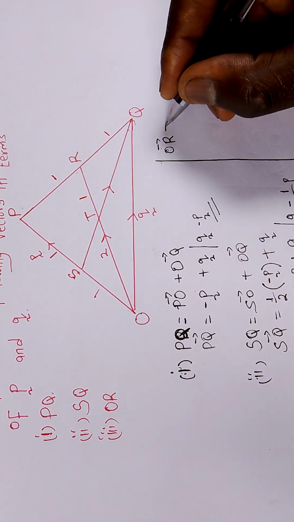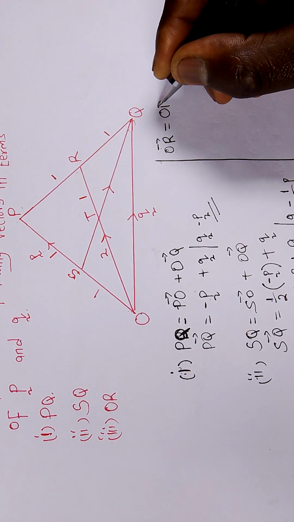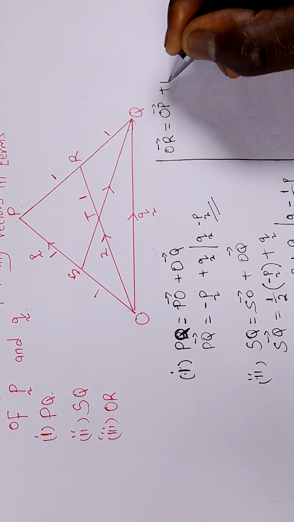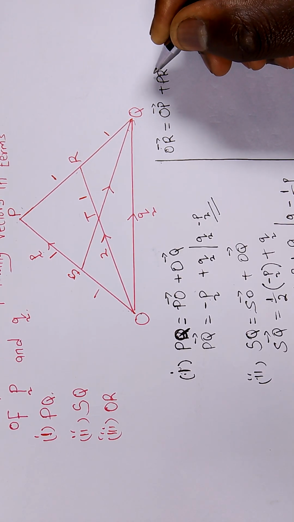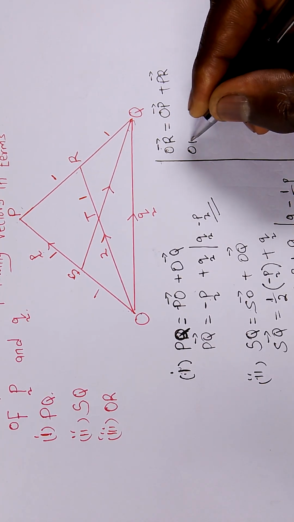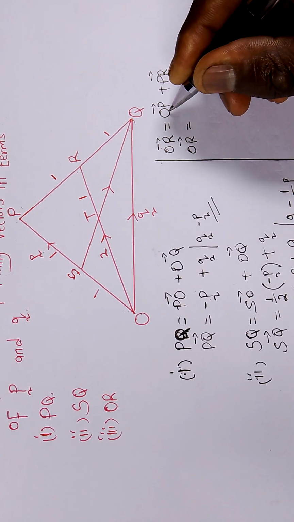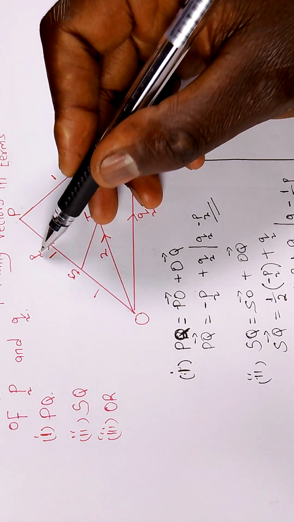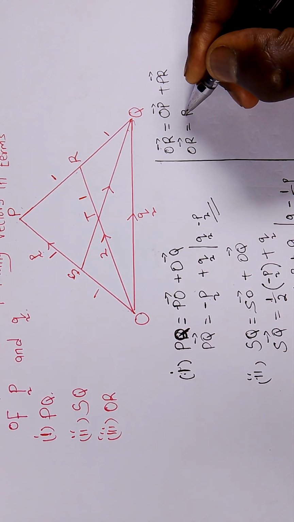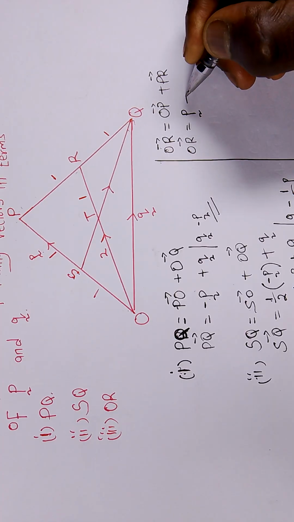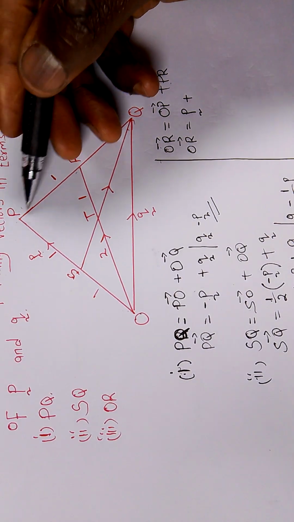So that will be equal to OP plus PR. So OR will be equal to OP, which is P vector, plus PR.